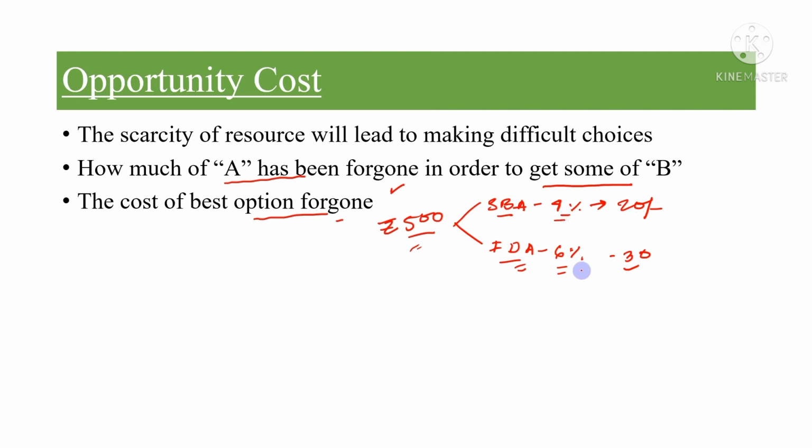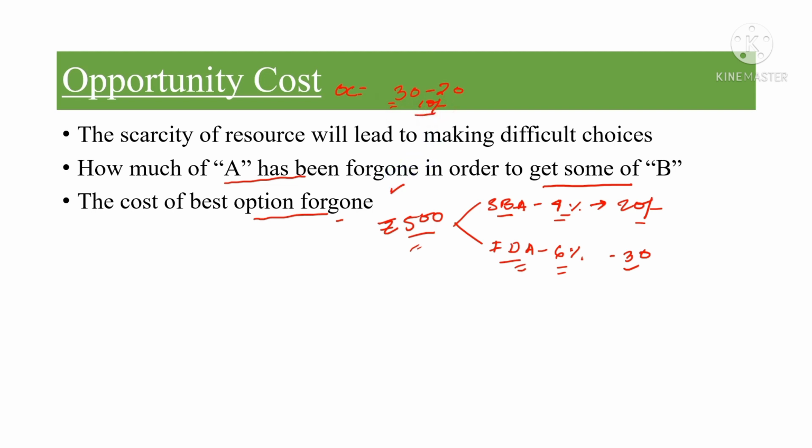So how much did I let go of A, that is the best option, in order to get some of B? The opportunity cost is calculated by the best option, that is 30, minus the option that has been chosen, that is 20. So opportunity cost here will be 10 rupees.